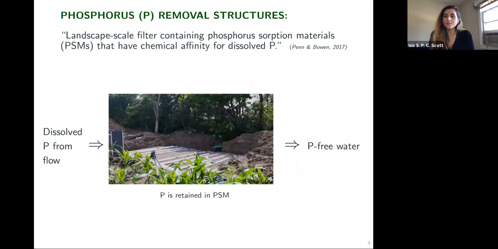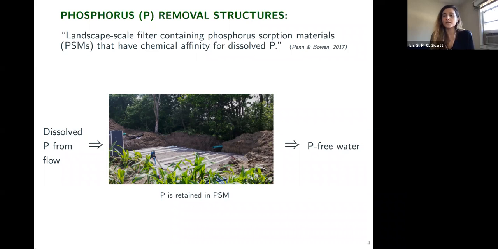And that's exactly where phosphorus removal structures come in. So these structures, they are landscape scale filters containing phosphorus sorption materials, which I'll be calling PSM throughout this presentation, that have a chemical affinity for dissolved phosphorus. So the way that they work is that they will receive a high phosphorus flow.